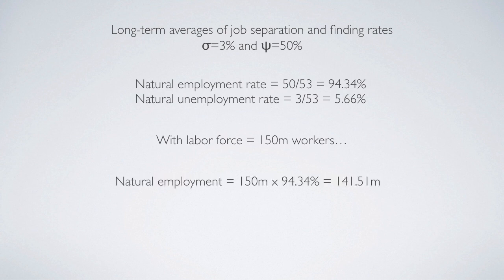So the natural employment level would be 150 million times 94.34%, which means that in the long run, in this economy, there will be 141.51 million workers staying employed. And the natural unemployment will be 150 million times 5.66%, which is equal to 8.49 million unemployed workers in the long run.